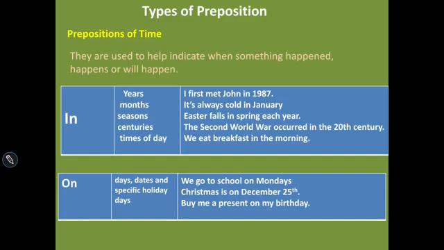In all these three examples, we come to know how on is used. Monday is a day, December 25th is a date, and birthday is a specific day. And on is used in all these three sentences before days, dates and specific days.